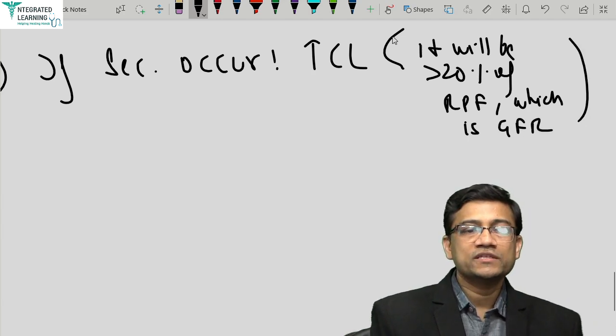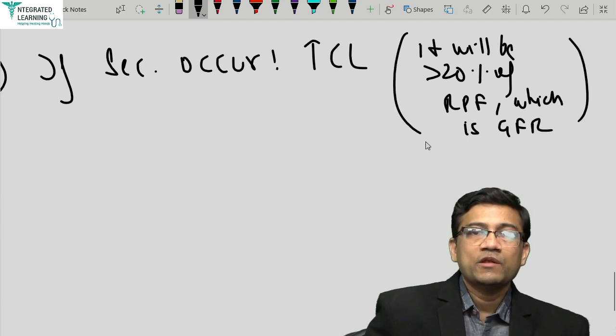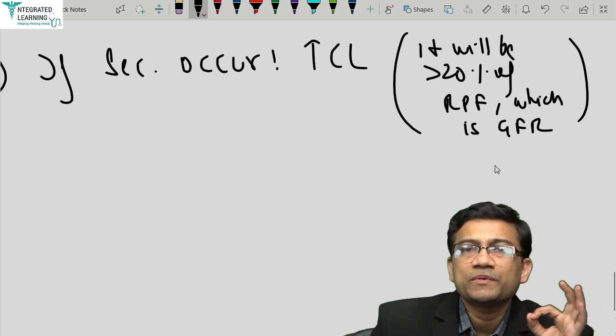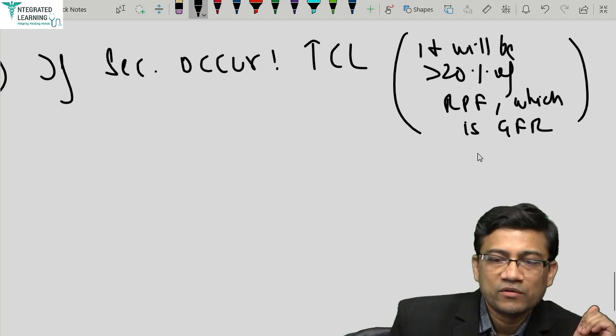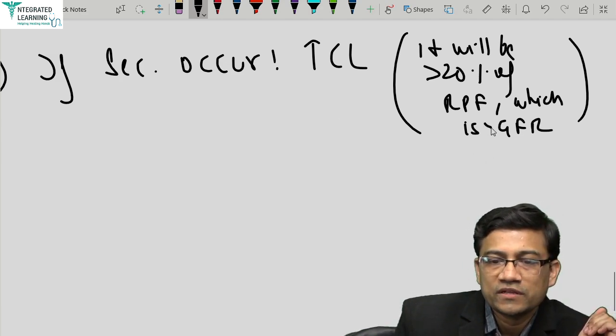So now the clearance will be much higher, more than GFR.